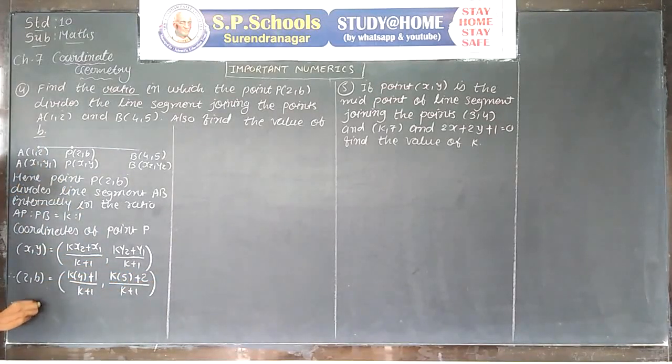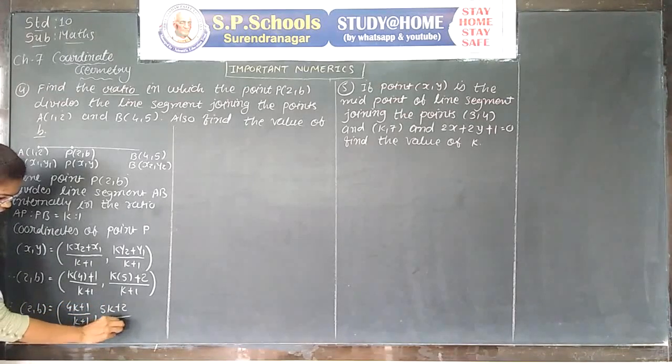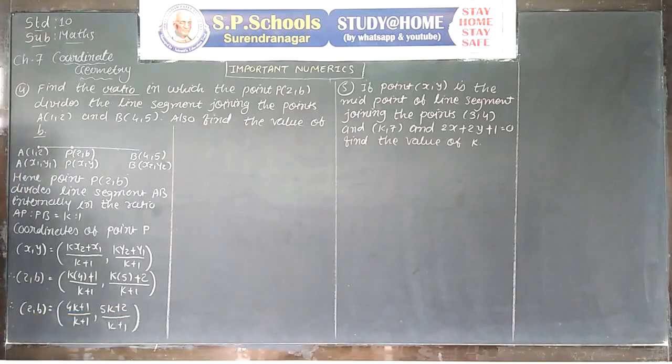That's why (2, b) is equal to ((4k + 1)/(k + 1), (5k + 2)/(k + 1)). Now we compare the x coordinate with the x coordinate and the y coordinate with the y coordinate.